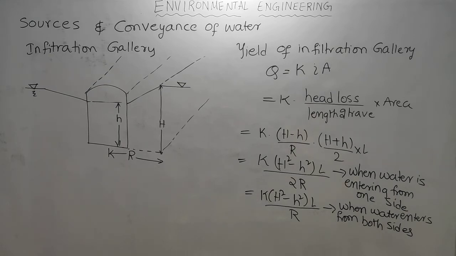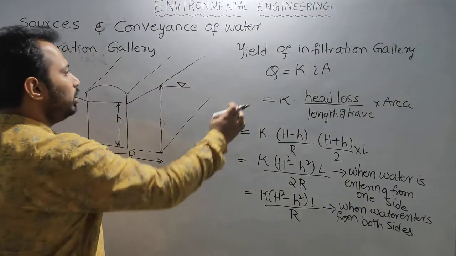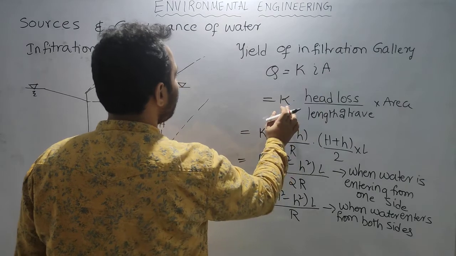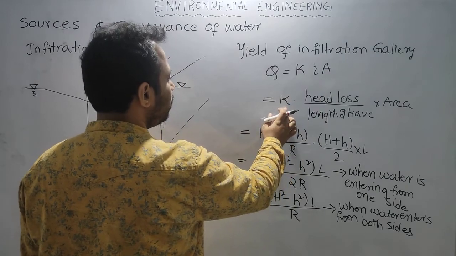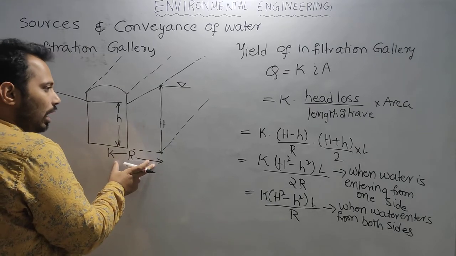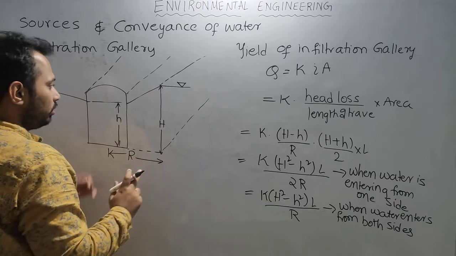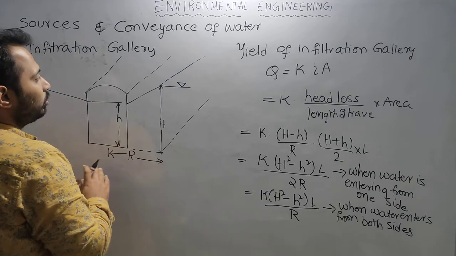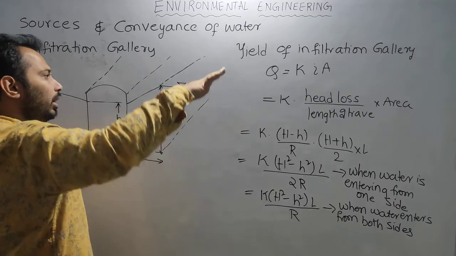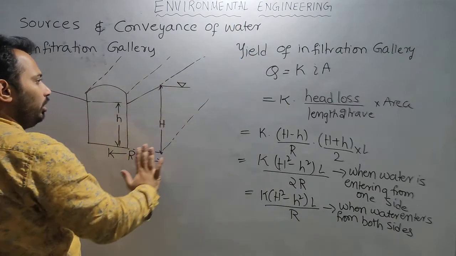Let me repeat this once. Q is equal to KIA. K is the permeability of the soil. The head loss is H1 minus H2, and the traveling length is R. So this is over. Now the area part. The water is coming like this, so I need to take all the quantity of the water here.